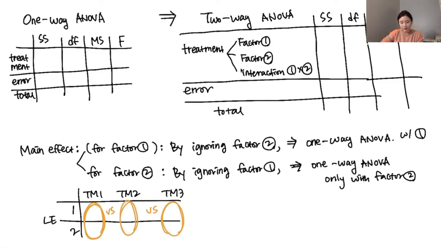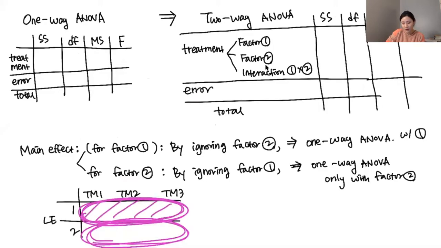But the main effect for factor 2, learning environment, is that by ignoring teaching method, we only think of the mean of each learning environment. We make the means using this data and compare environment number 1 and number 2. We can think of this as a one-way ANOVA with learning environment.